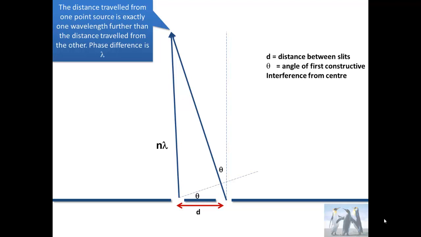Now this has travelled n lambda, and on this side it's n lambda, but in the bottom right hand corner here we have n lambda plus another lambda. Let's look at the geometry of this triangle. This is theta, the opposite side is lambda, the hypotenuse is d. So we can say that the sine of this angle is lambda over d.